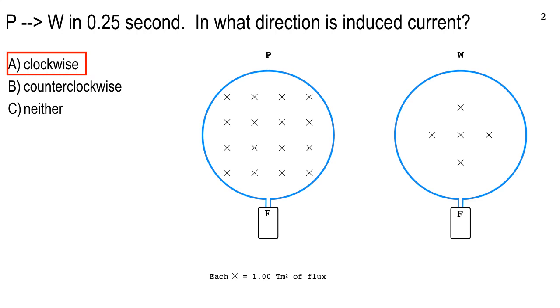Let me ask you a question. Clockwise or counterclockwise? Let's assume clockwise. How do the wires on opposite sides, like 9 o'clock and 3 o'clock, interact? Because they're both current carrying wires in a magnetic field.